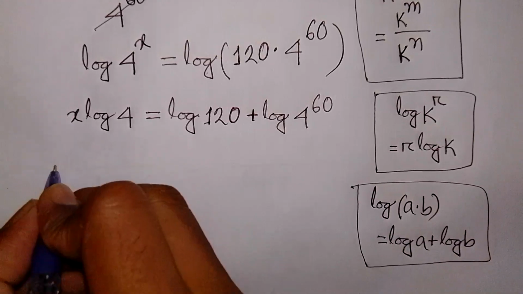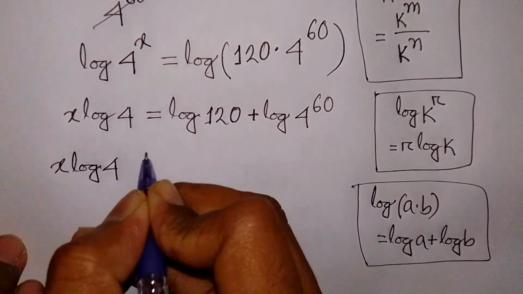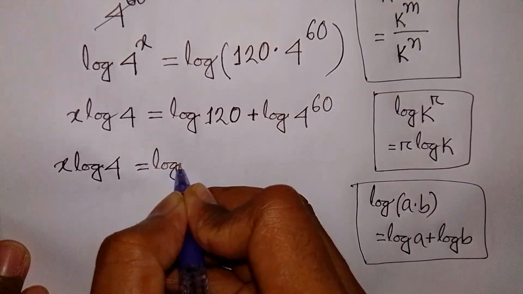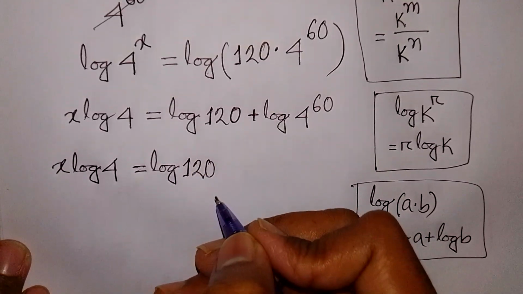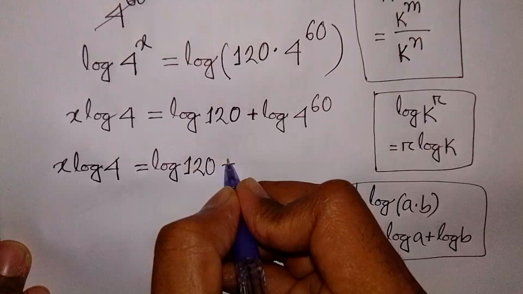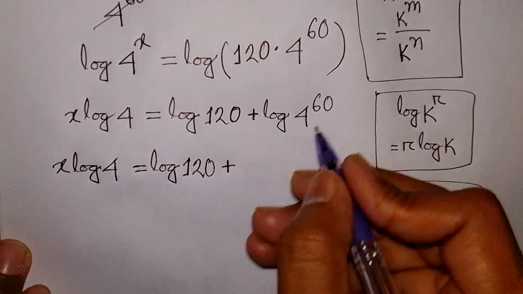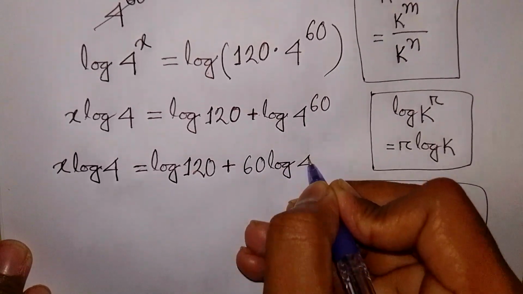Next step, x log 4 is equal to log 120 plus, this power 60 will move to the front, so it will be 60 log 4.